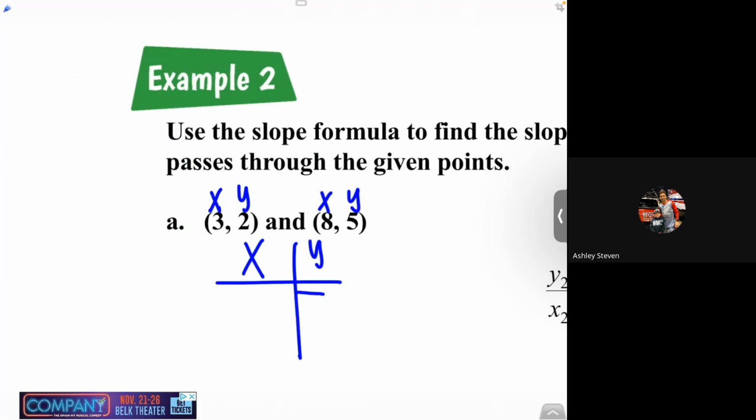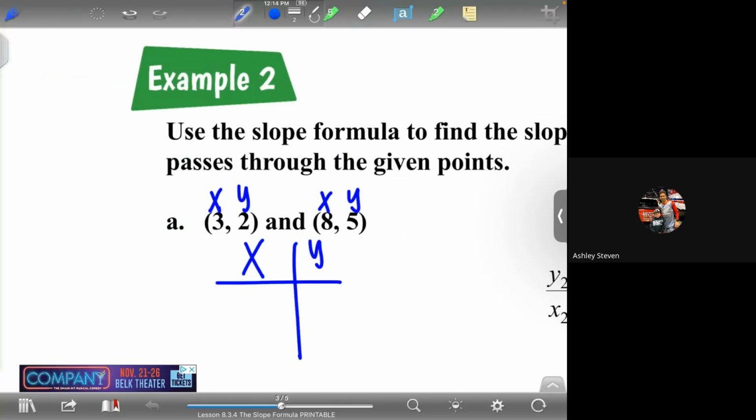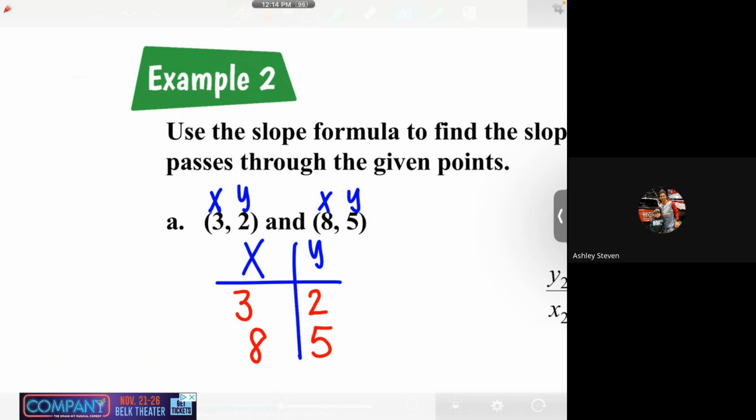So I can take my coordinates, 3 and 2, 8 and 5, and put them in a table. Now, if I'm asked to find slope, can I find it the exact same way we've already been doing?